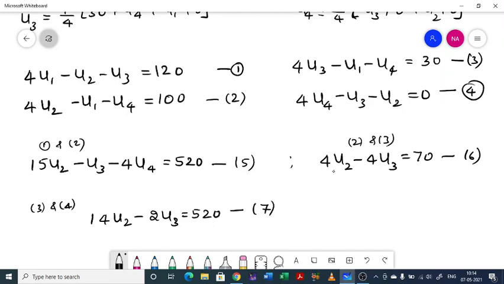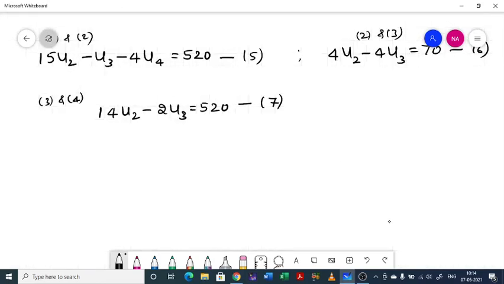Now solving equation 6 and 7, we will be getting 2u2 minus 2u3 equal to 35.